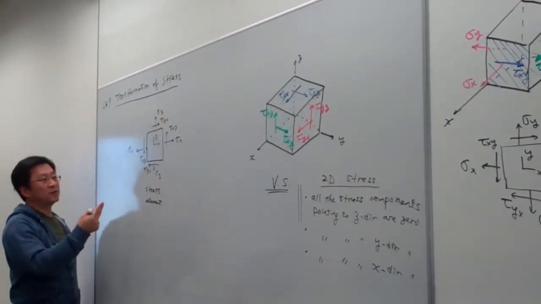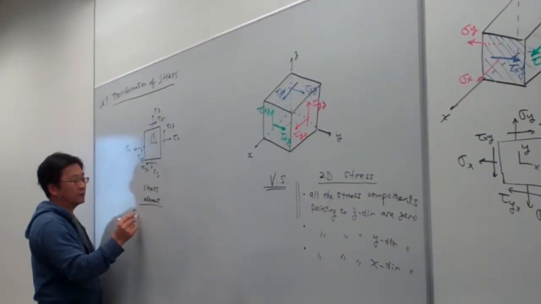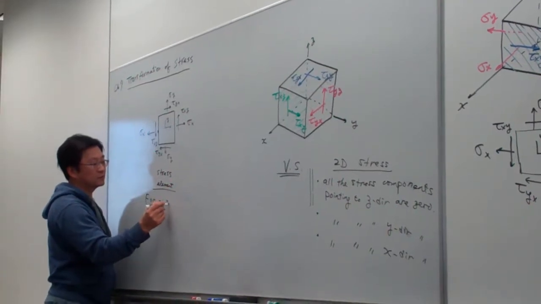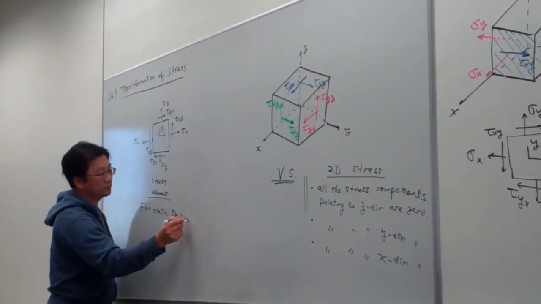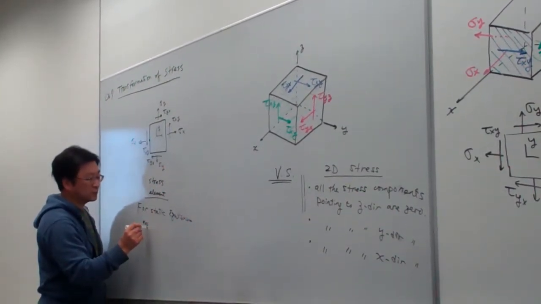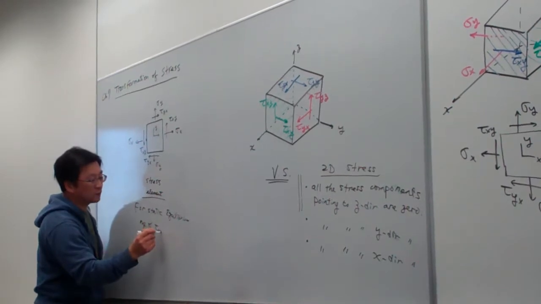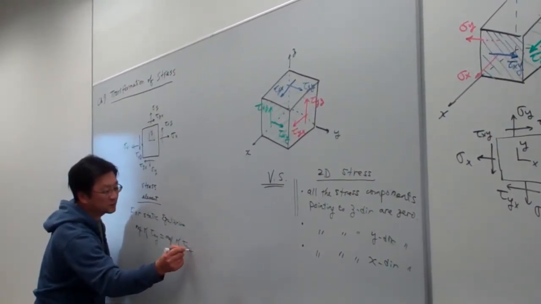Okay, so in here, for static equilibrium, we have to ask the magnitude of tau xy to equal the magnitude of tau yx.